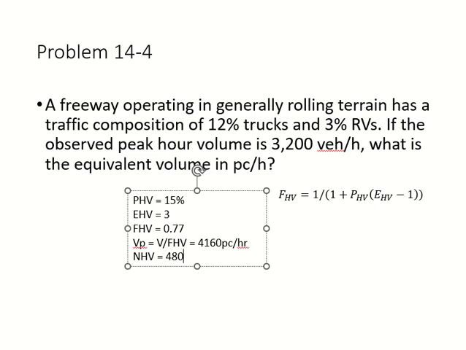These are the heavy vehicles we have. Each heavy vehicle in comparison to a car is equal to how many? 3. This is the equivalency factor, right? So each one of them is equal to 3 cars. So 480 equals how many cars?